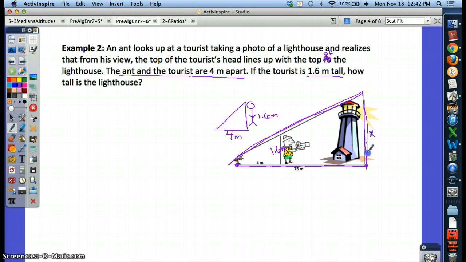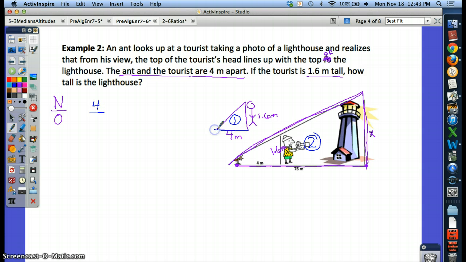Set up your ratios of corresponding sides. So let's see. Remember, I like to do the new to old, although here we don't really have a new one. I'm going to start with my ant triangle. So this is going to be my first triangle, and this is going to be my second triangle. Well, the distance of 4 corresponds to what length on my second triangle?